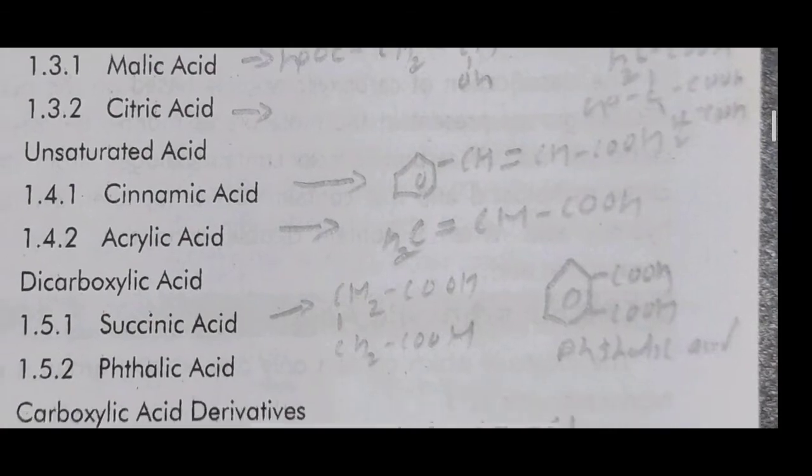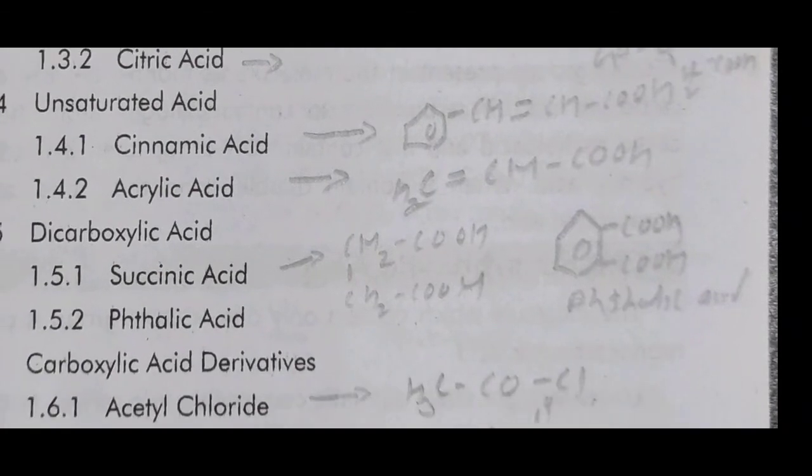The next point in this topic is the dicarboxylic acids. Di means two, carboxylic means COOH group, therefore those acids containing two COOH groups in their structure are called dicarboxylic acids. Examples of dicarboxylic acids are succinic acid and phthalic acid.